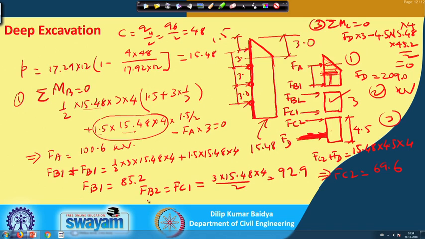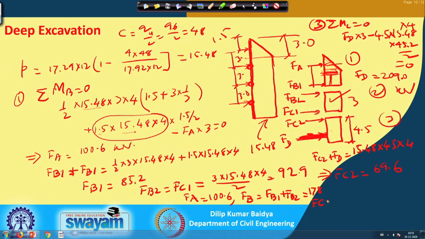Okay. So, now you can see your value of F A, F A already we have got 100.6. F B equal to F B 1 plus F B 2, and if I do that then we are getting 178.